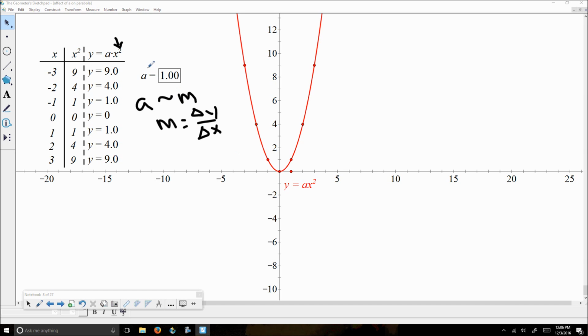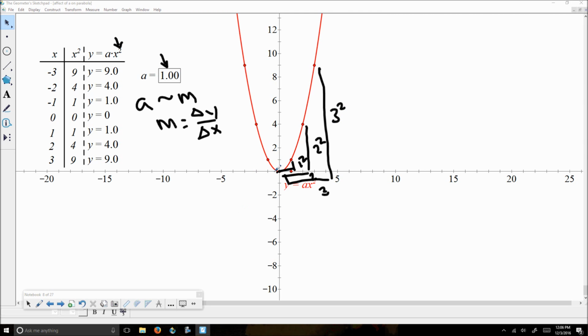In my original parabola, when the a is 1, when I go over 1 in the x direction, I go up 1 squared. When I go over 2 in the x direction, I go up 4, which is 2 squared. When I go over 3 in the x direction, I go up 9, or 3 squared.